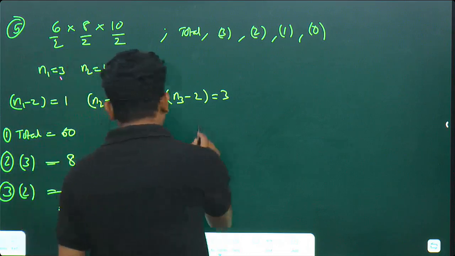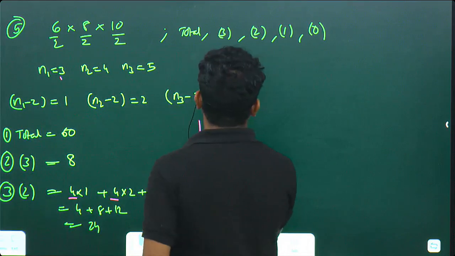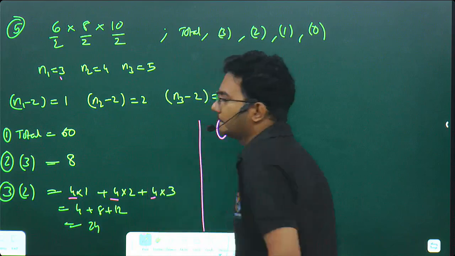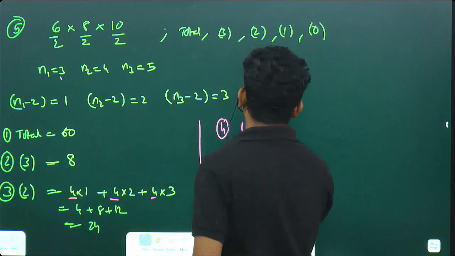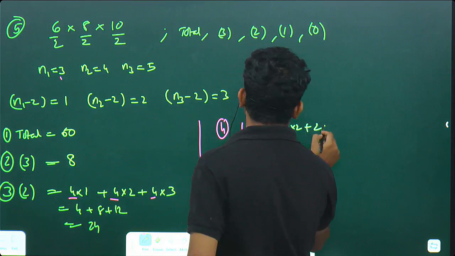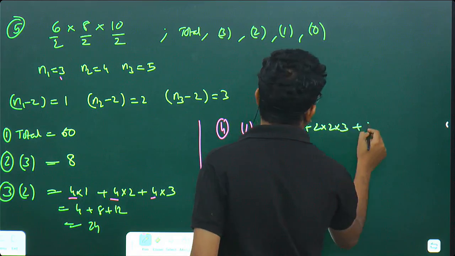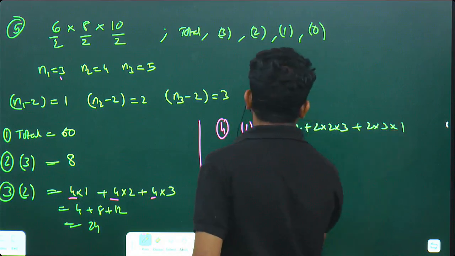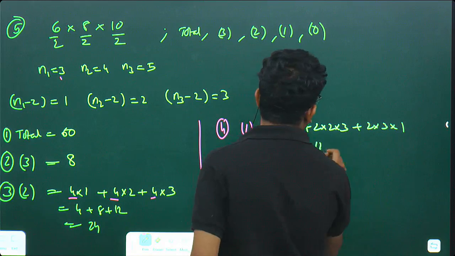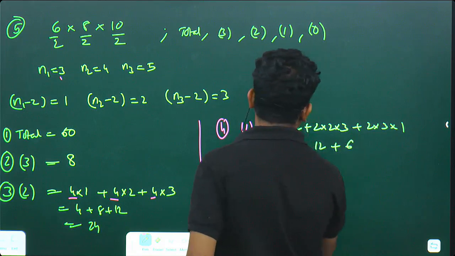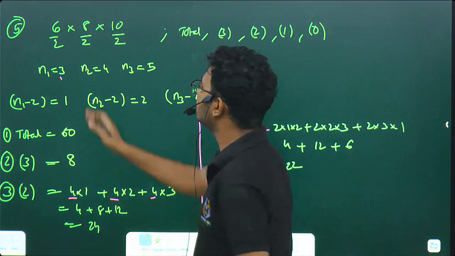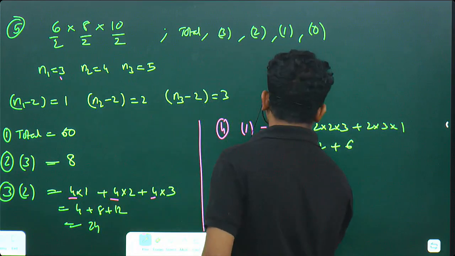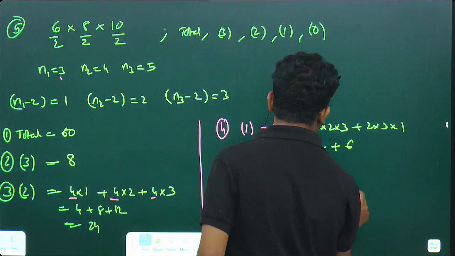Next, one surface painted. 2 into 1 into 2, plus 2 into 2 into 3, plus 2 into 3 into 1. So 4 plus 12 plus 6, which is 22. Next, 0 surfaces painted, which is 1 into 2 into 3.